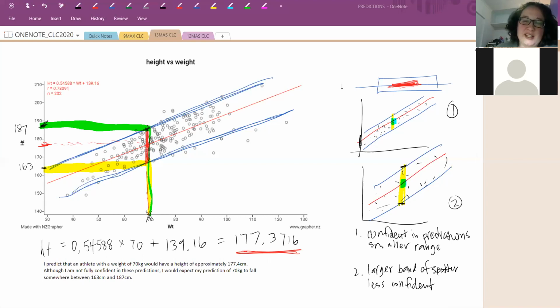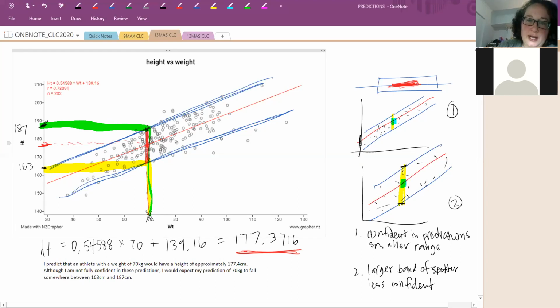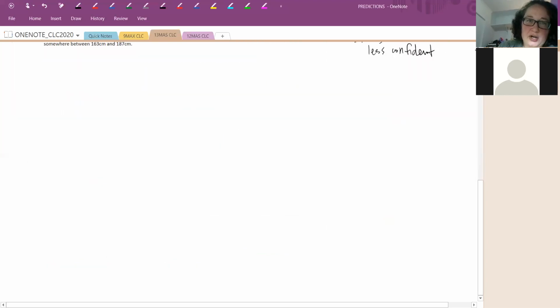If you now are looking at doing your band of scatter, you're now looking more into merit. And then if you expand it into the next part where I'm going to show you, it's looking at more excellence.